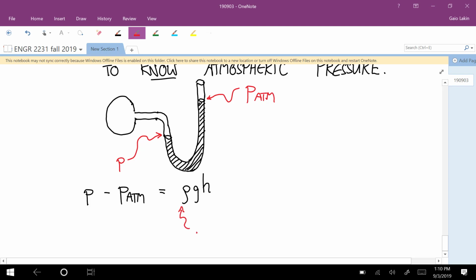This rho is the density of the liquid. And then the h is this.